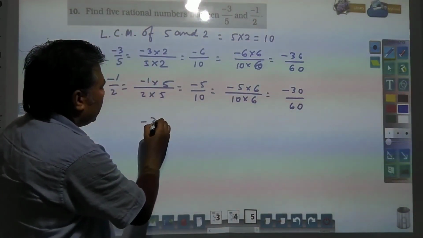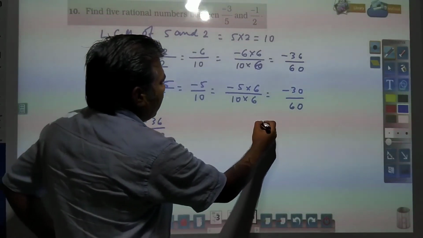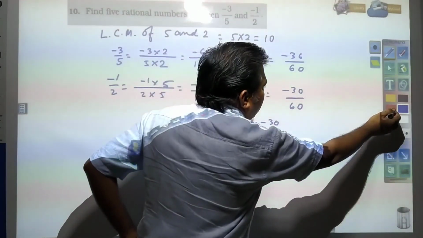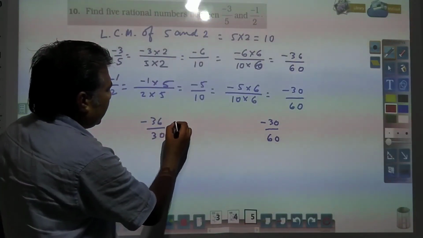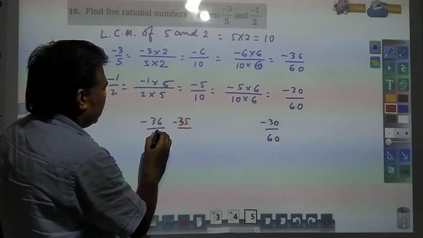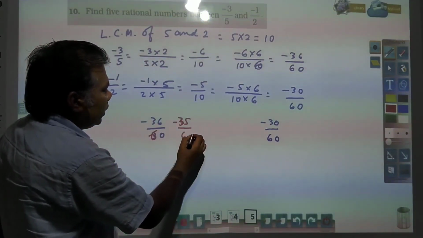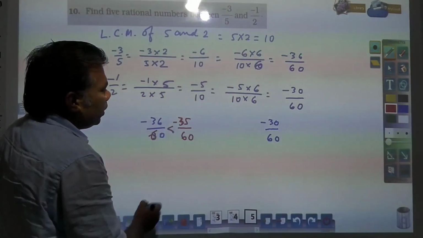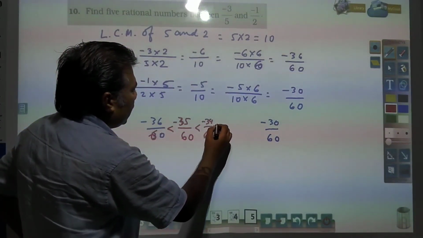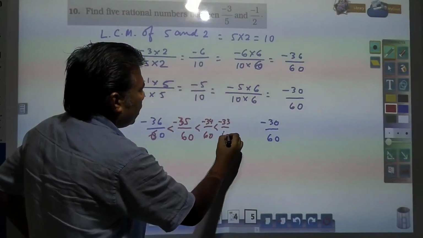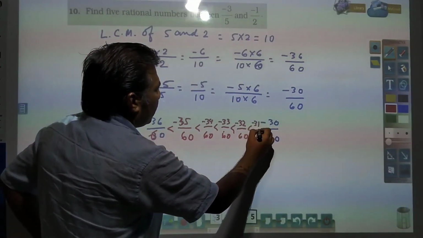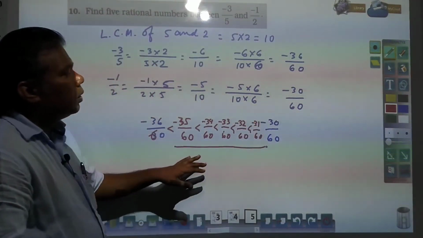Between minus 36 by 60 and minus 30 by 60 we can write minus 35 by 60, minus 34 by 60, minus 33 by 60, minus 32 by 60 and minus 31 by 60. These 5 numbers we have written. So this will be the answer.